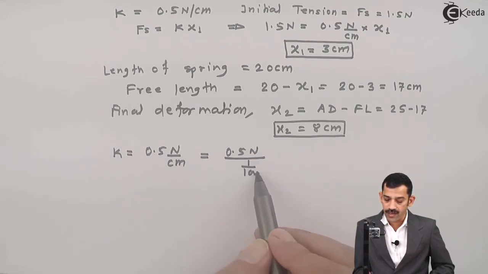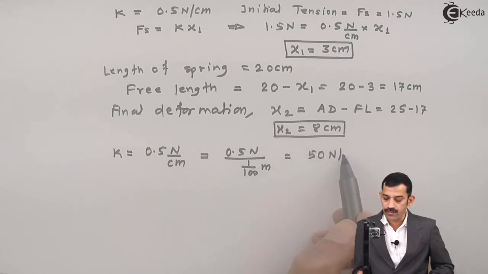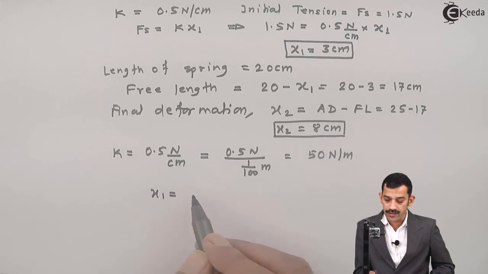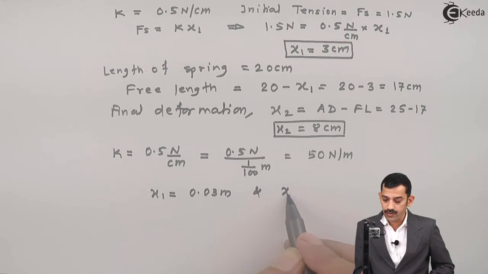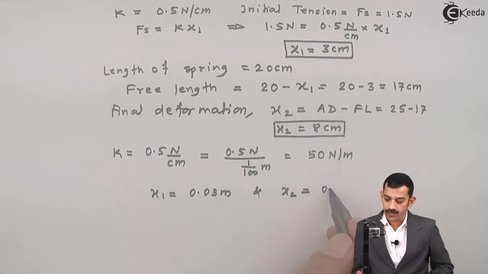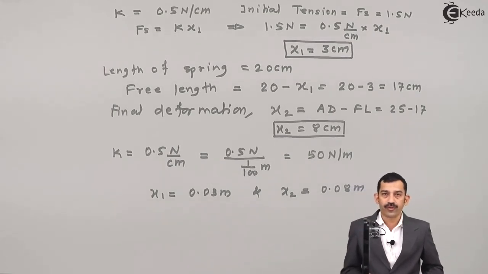So 1 by 100 meters. Therefore, 0.5 into 100 comes out to be 50 Newton per meter. X1 is 3 centimeters, which means 0.03 meters, and x2 is 8 centimeters, which means 0.08 meters. That means x1, x2 and k are known.